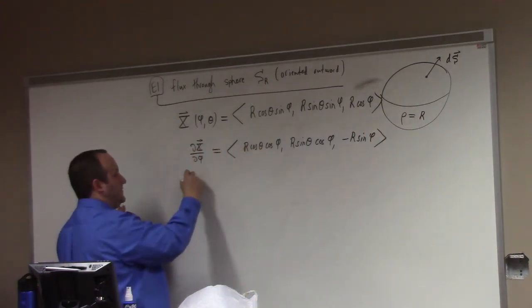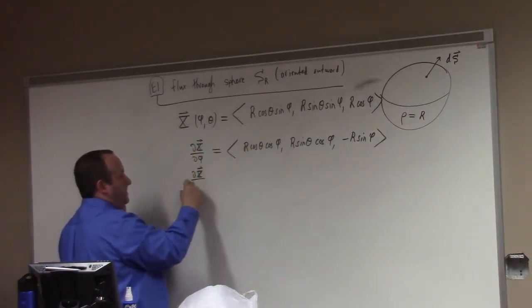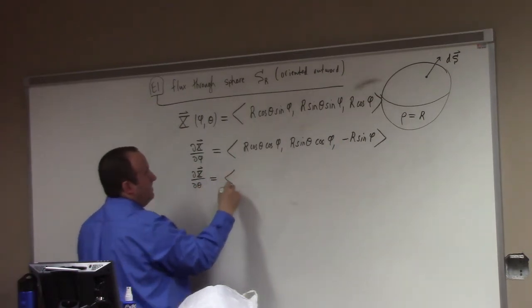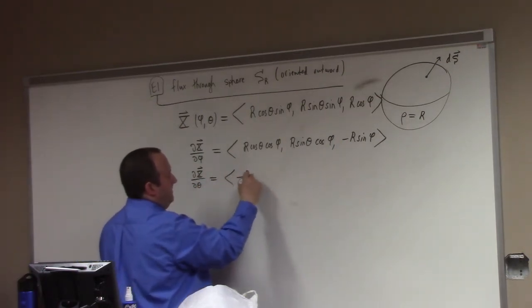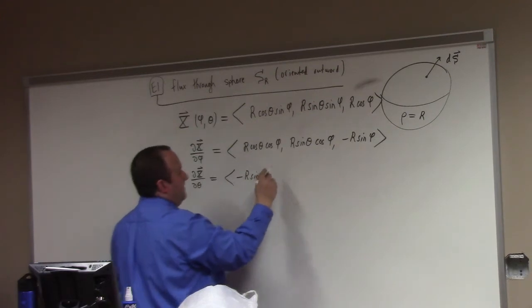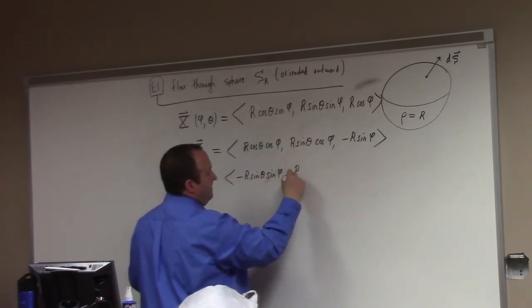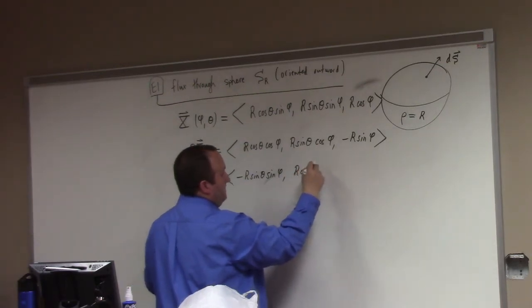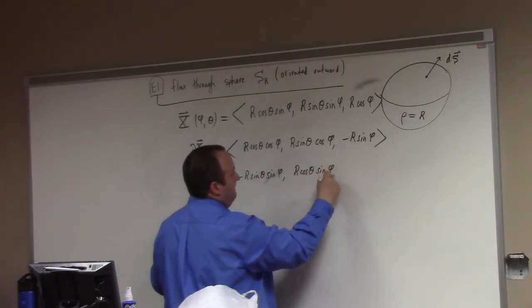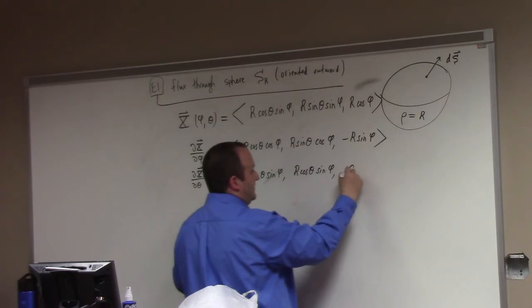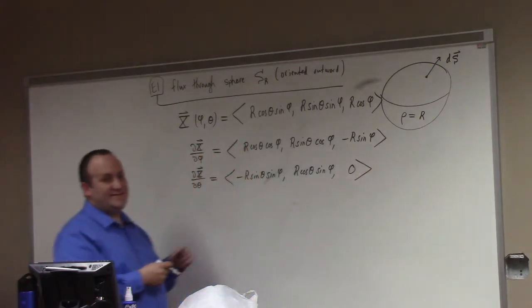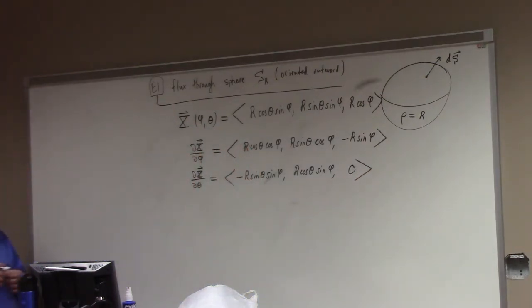What's partial x, partial theta? Finally a 0. Right? There's your coordinate velocities in the phi direction and the theta direction.